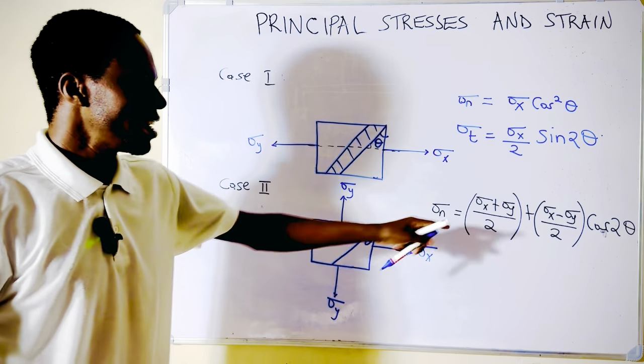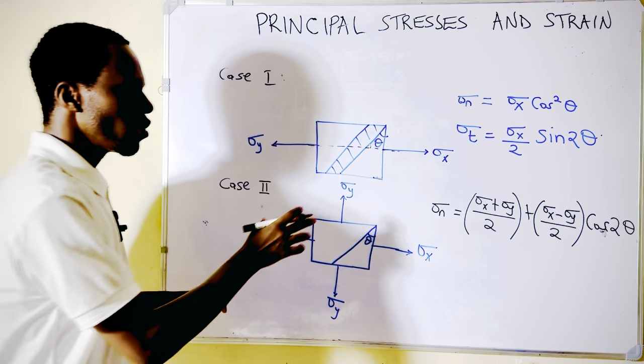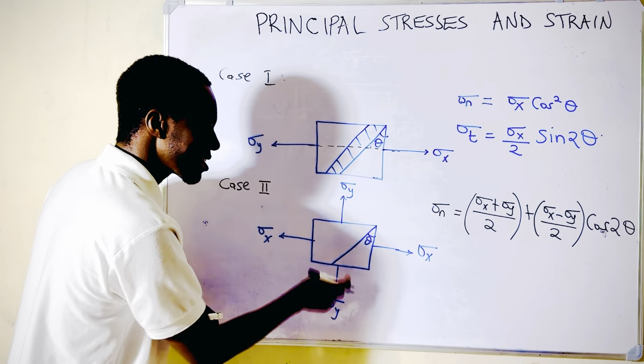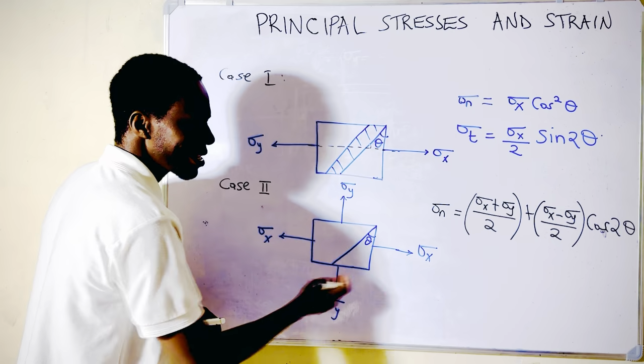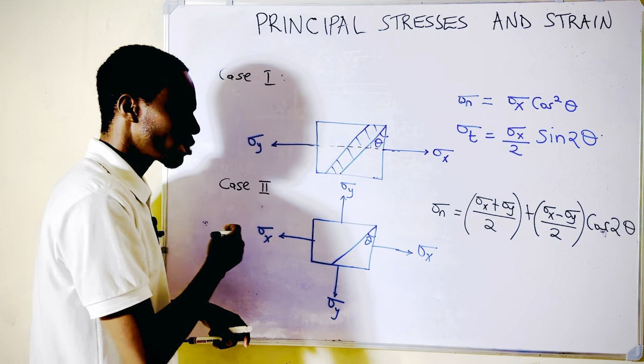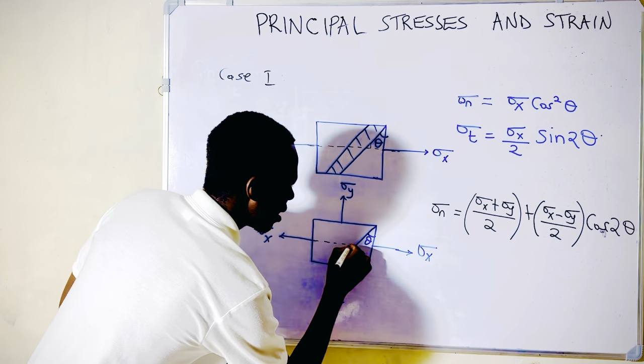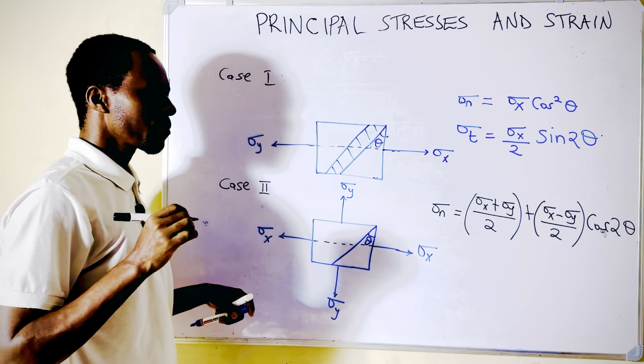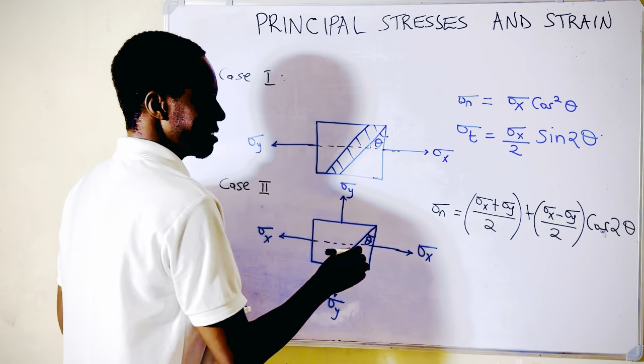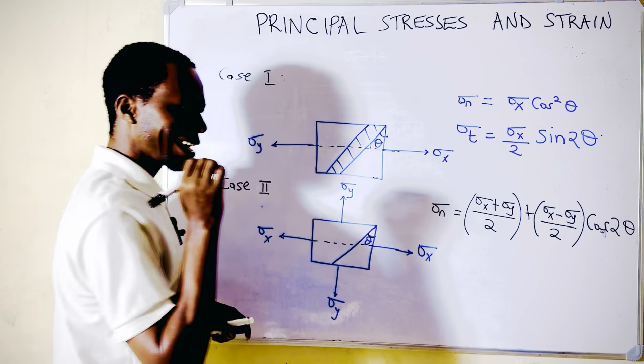Once you've been given two stresses, one like this and another perpendicular, this is along the major principal axis. In this case, the angle theta should be taken as this.